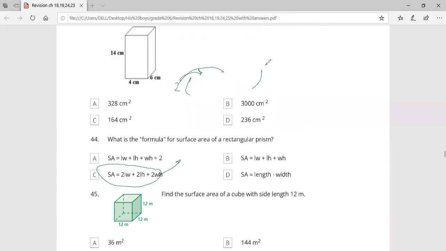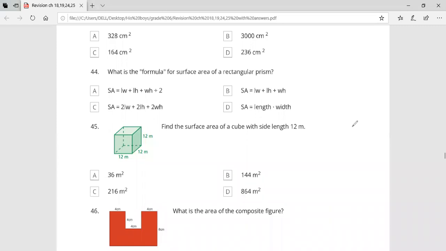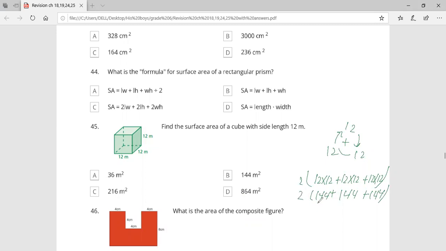How to find the surface area? Again, just 12, 12, 12. Multiply, multiply, multiply, and add, then multiply by 2. 12 multiplied by 12, plus 12 multiplied by 12, plus 12 multiplied by 12, and all of them multiplied by 2. 144 plus 144 plus 144, like this, multiplied by 2.